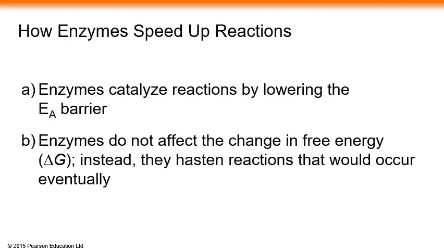Then how do enzymes speed up reactions? Enzymes catalyze the reaction by lowering the activation energy barrier. But enzymes do not affect the change in free energy. Instead, they hasten reactions that would occur eventually.